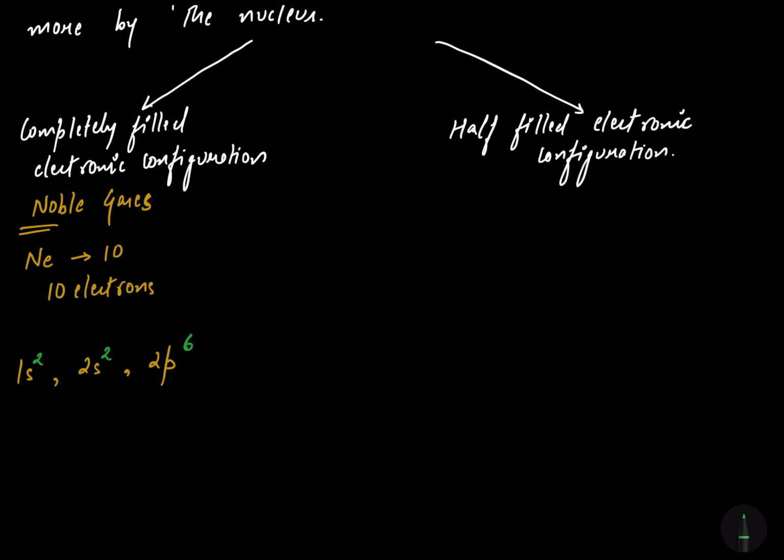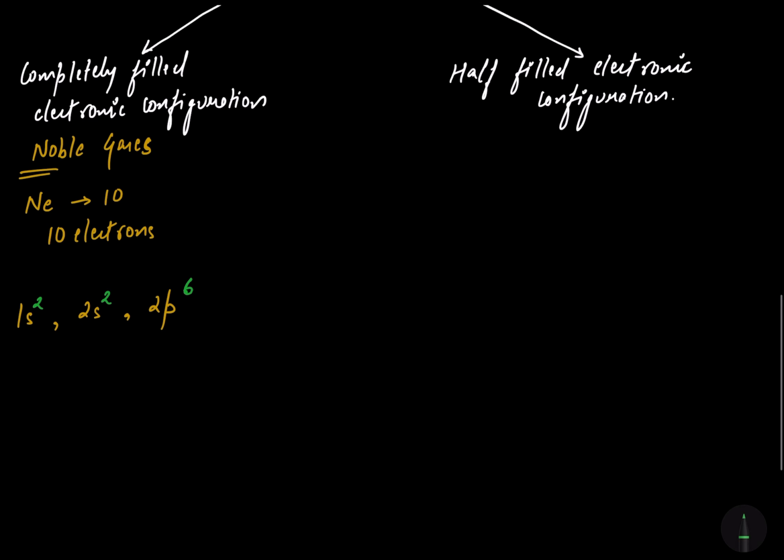So it's a completely full electronic configuration up to 2p. So let me talk about the 2p in a little detail. In p subshell, we always have 3 orbitals, and they are degenerate orbitals.